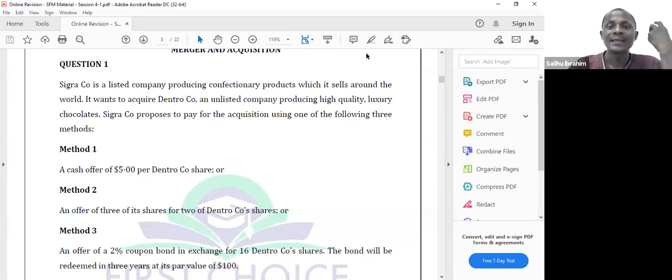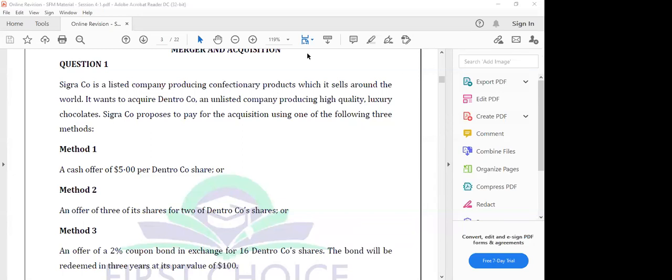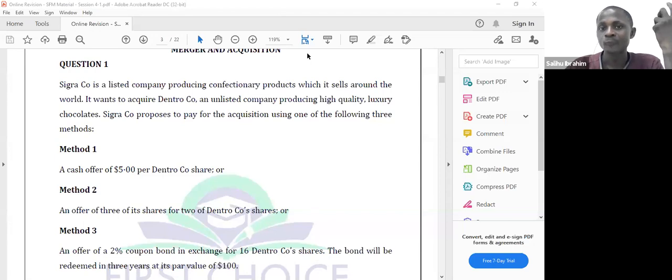If you have a positive figure as the difference, then it means the acquisition is worthwhile. That is, if the post-acquisition market price is higher than the pre-acquisition market price, then we say the merger is beneficial.